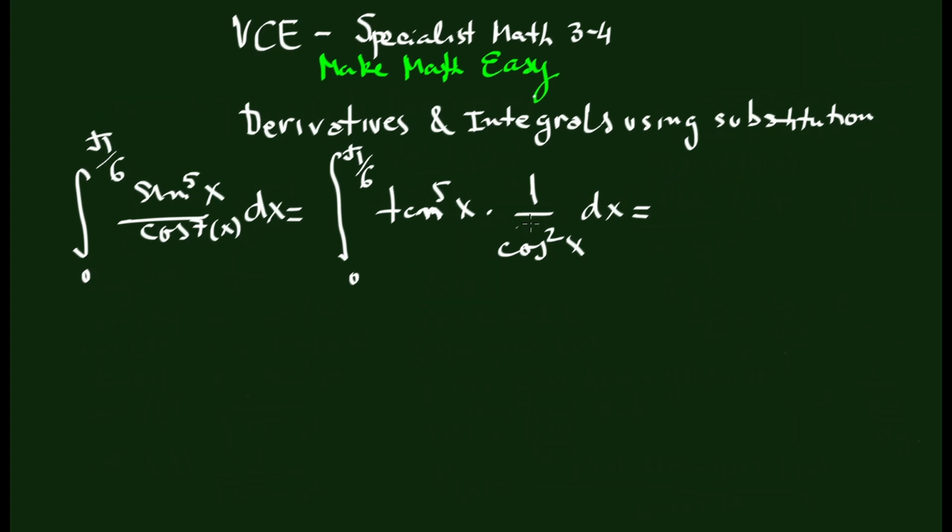So what we're going to do is make a substitution, and we will say that our u is equal to tangent of x, then our du is secant squared of x.